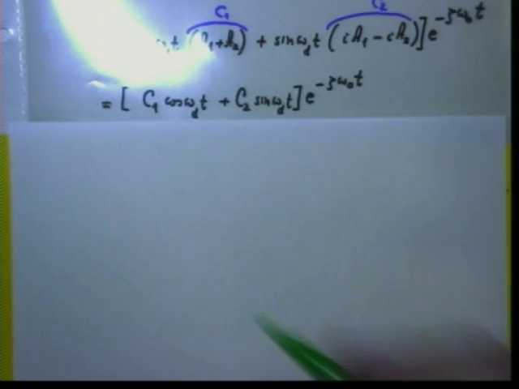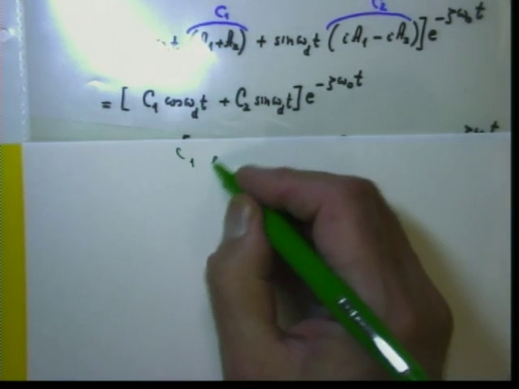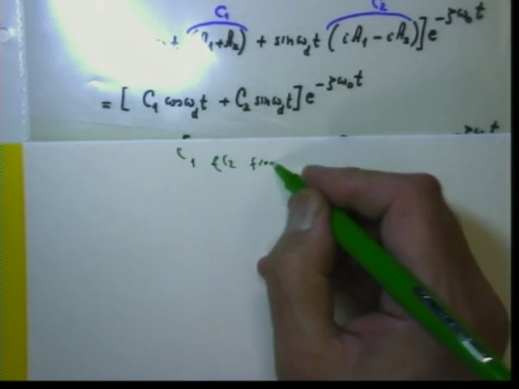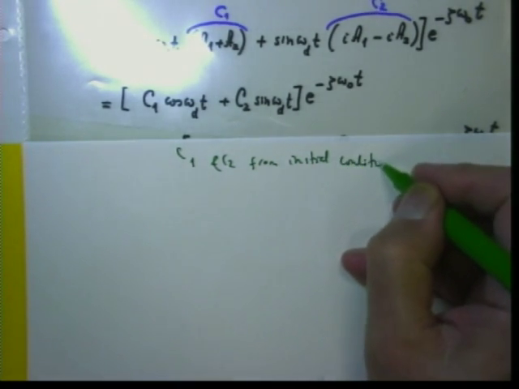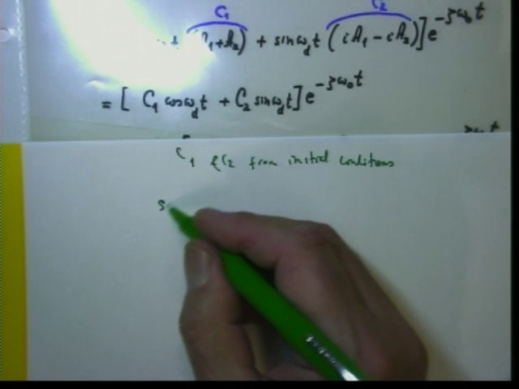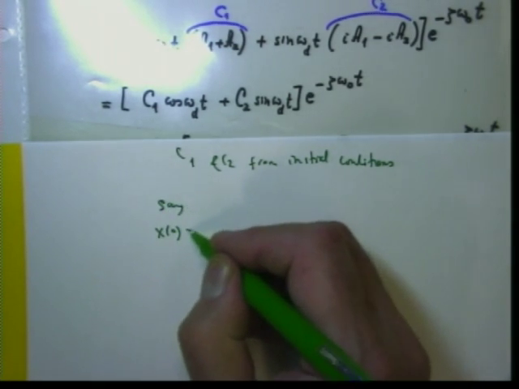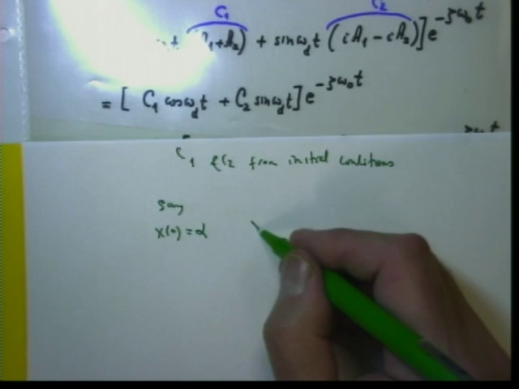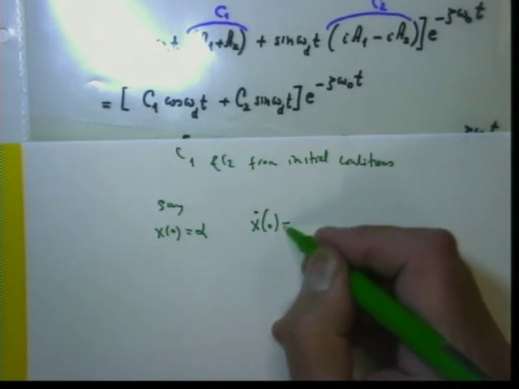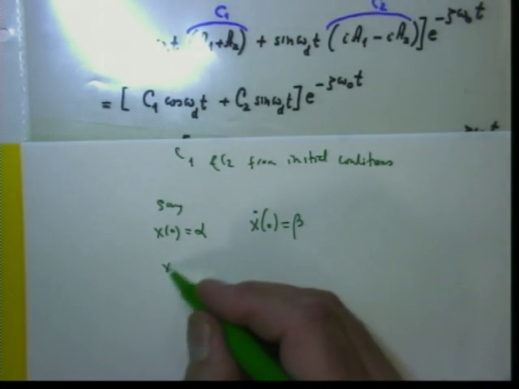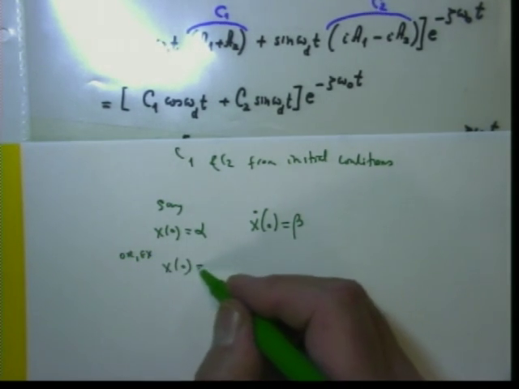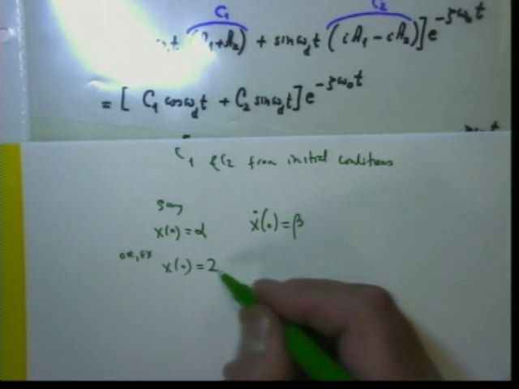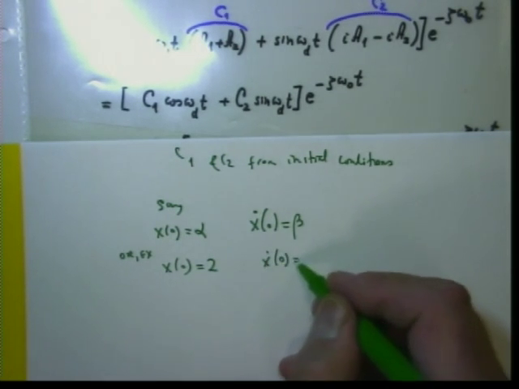So let me write it down: C1 and C2 from initial conditions. Say x of 0 equals alpha and x dot at 0 equals beta. Or for example, x sub 0 equals 2, x dot sub 0 equals 3.